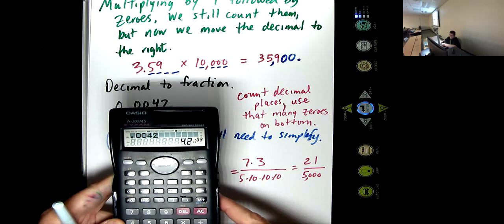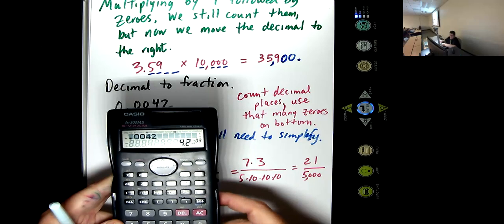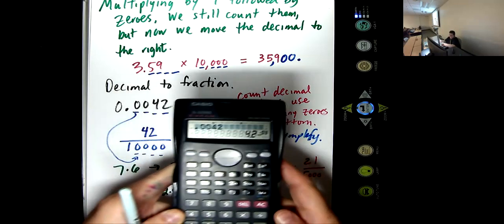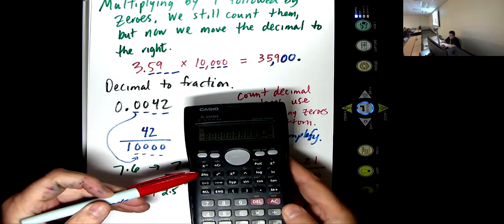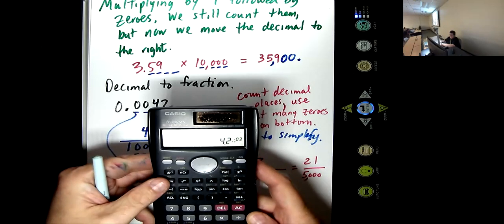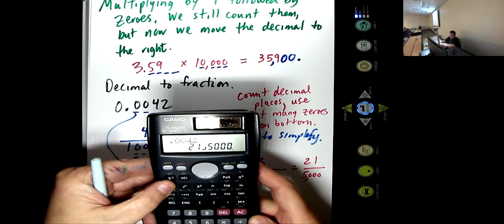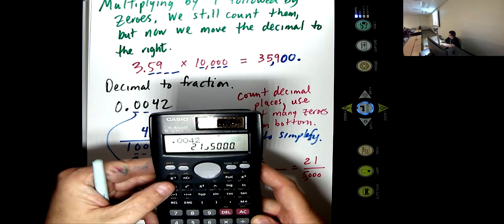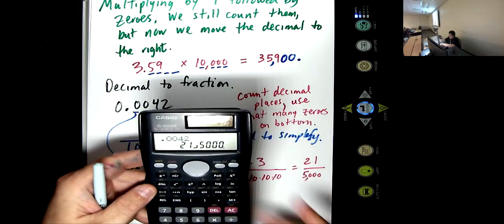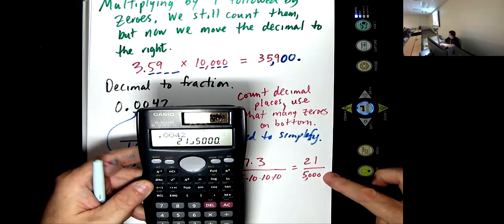It has the 4.2 times 10 to the negative 3. I have this button here, A with a B over C. If I hit it, look what happens. It shows 21 with that weird symbol and the 5,000. That is meant to look like a fraction.